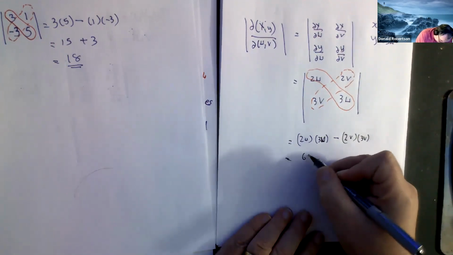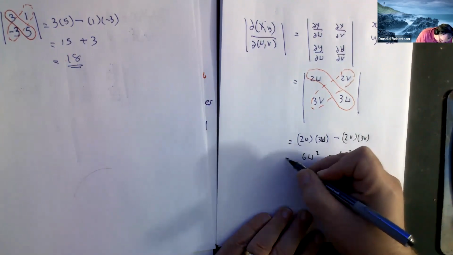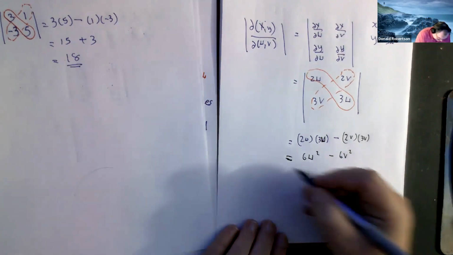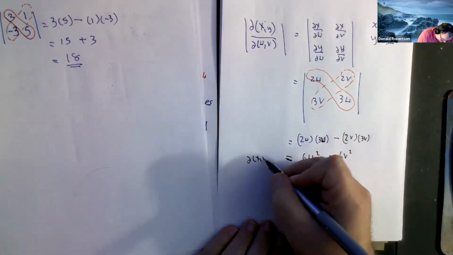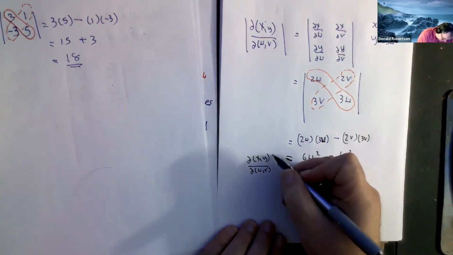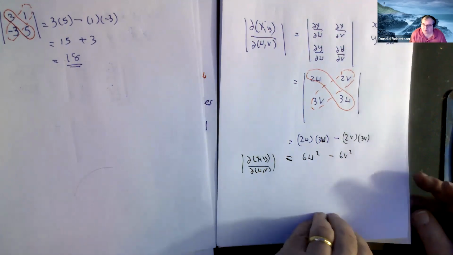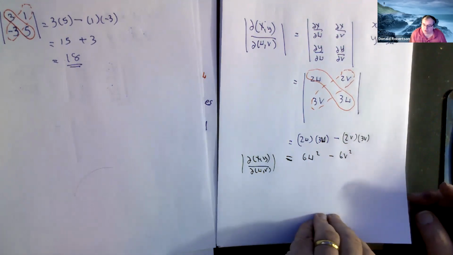And it looks like I'm going to get 6u squared, take away 6v squared. And that guy is the Jacobian. So far, so good. Any questions?